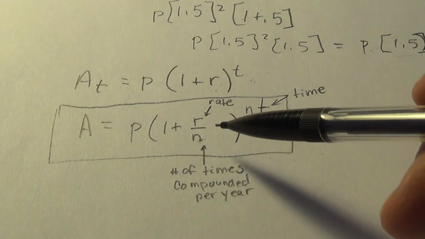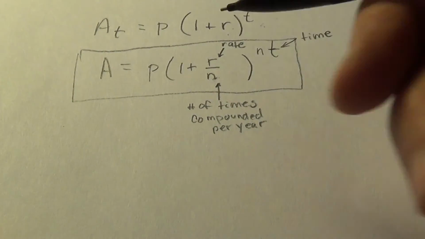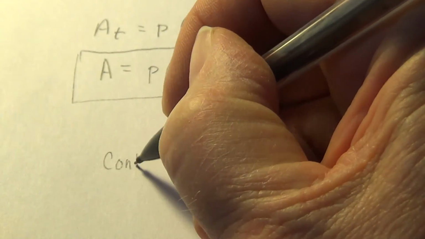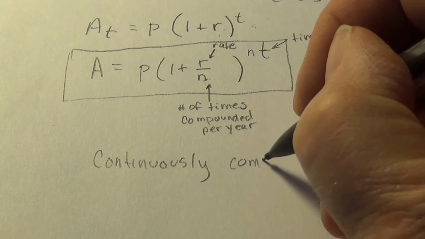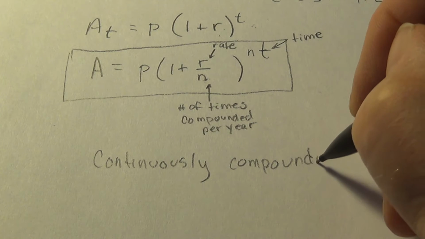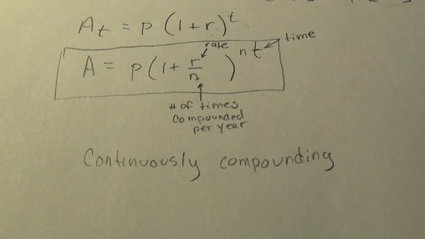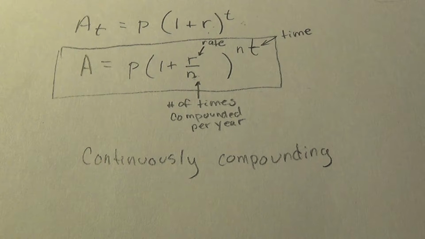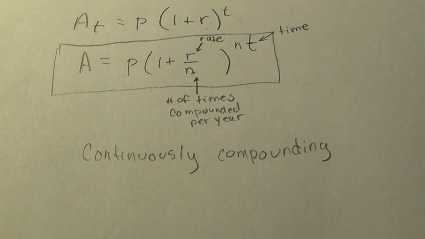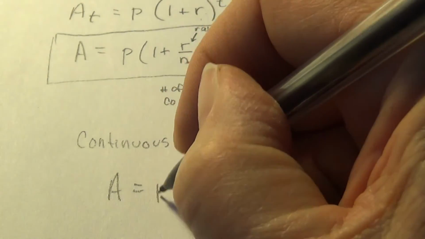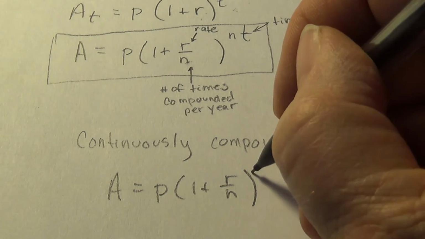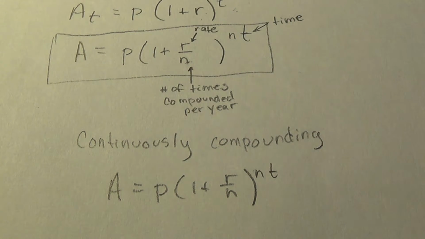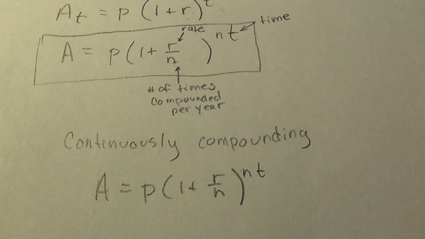So what would it look like if I compounded it continuously? So I'd be calculating the interest at all times. So let's see what that would look like. What happens here? We're going to take this equation from above and I'm going to make this substitution.